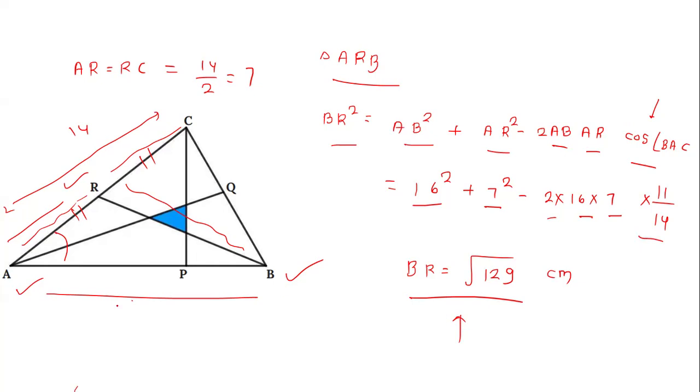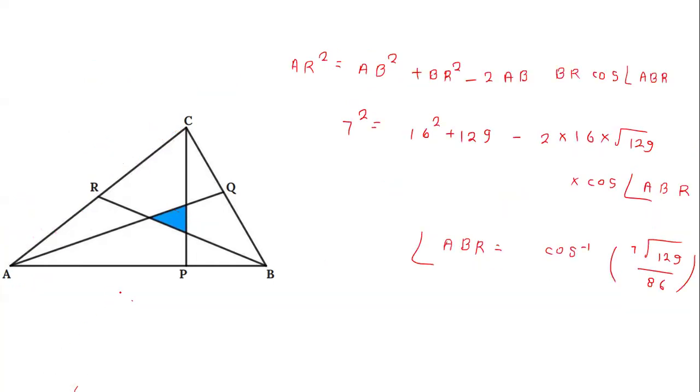So now we also know this BR length. Now we can also say that AR square is equal to AB square plus BR square minus 2 times AB BR cos of angle ABR. So now we are still applying cosine rule in this triangle ABR, but now we are writing AR square is equal to AB square plus BR square minus 2 times AB BR and cos of this angle.